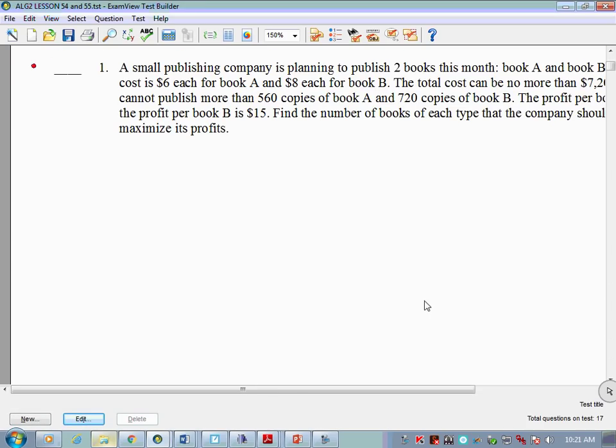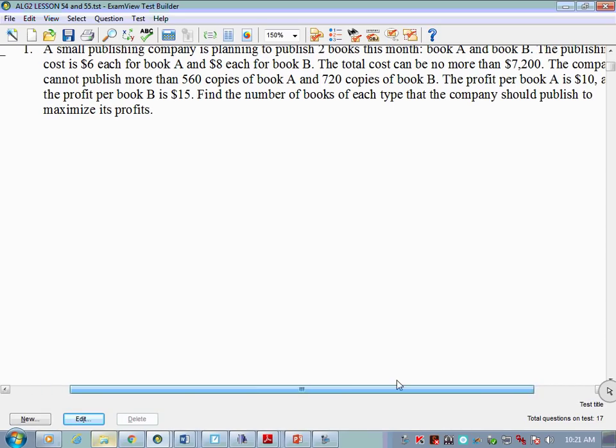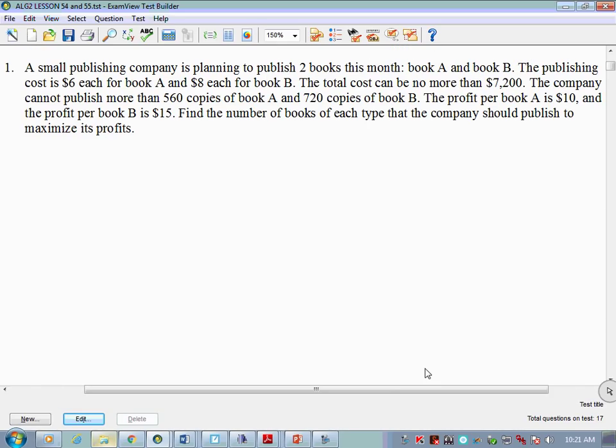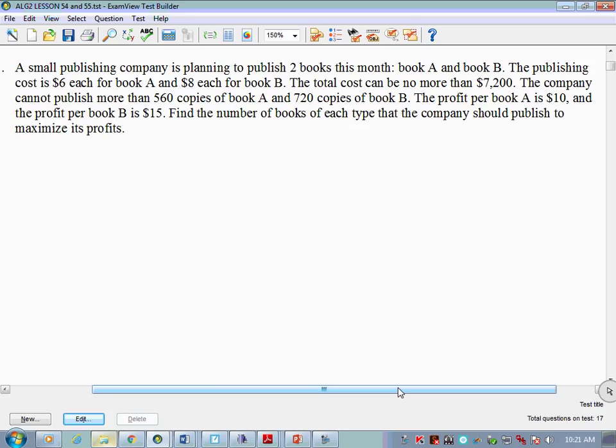All right, so this gives me that small publishing company. A small publishing company is planning to publish 2 books this month, Book A and Book B. The publishing company's cost is $6 each for Book A and $8 each for Book B. The total cost can be no more than $7,200.